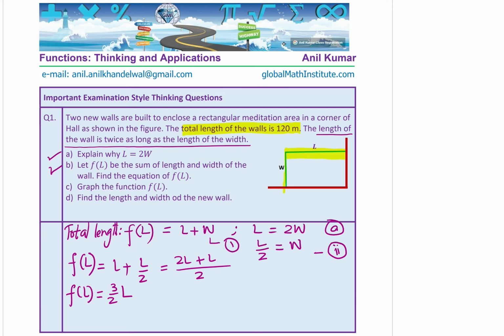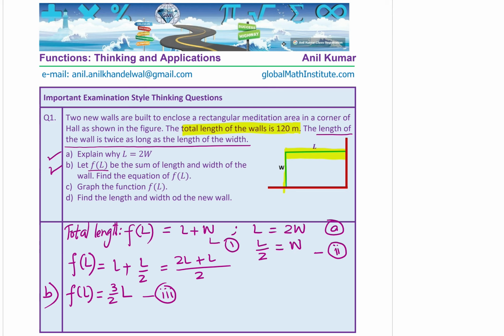So now we get the answer for f of L, which is our equation 3. And that is how we are going to do part B. Is this clear to you? So f of L means that the only variable has to be the length.